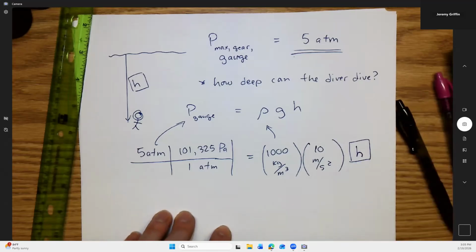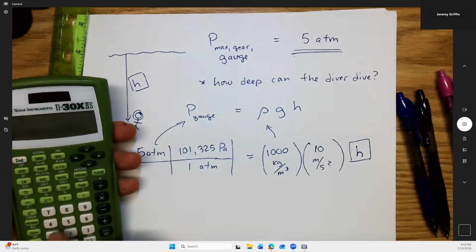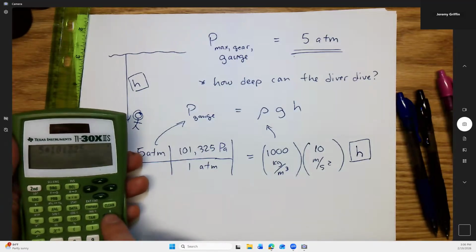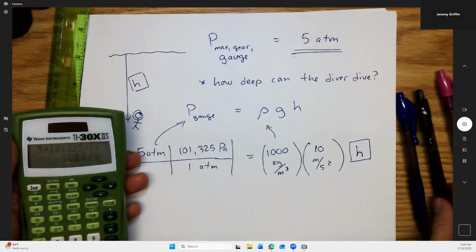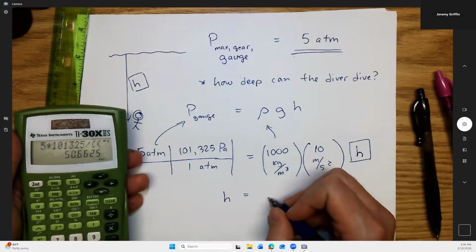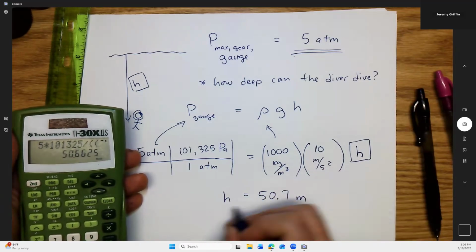Call it h right there, depth. Okay, so let's see. 5 times 101.32. You guys try this in the calculator. I'm doing it right here. Let's make sure we're all getting the same answer. How deep are you guys saying this diver can dive? Are you getting about this many meters right here?